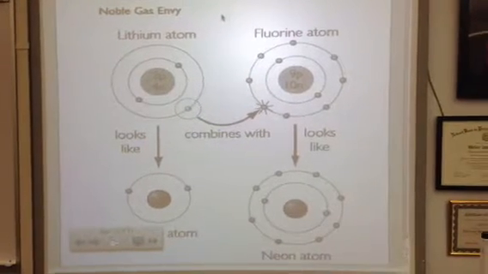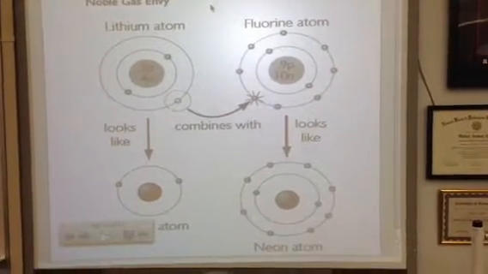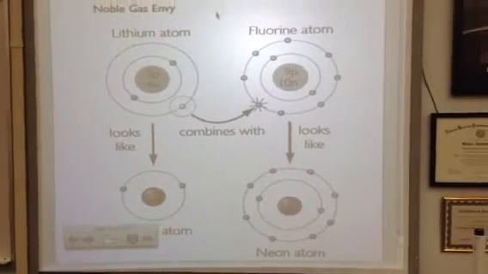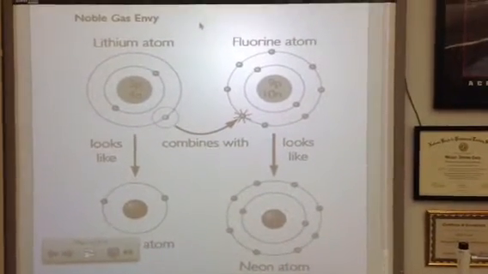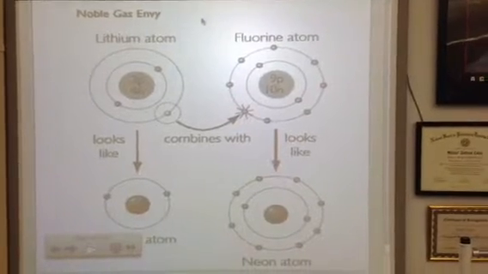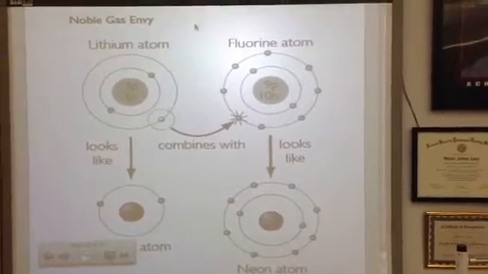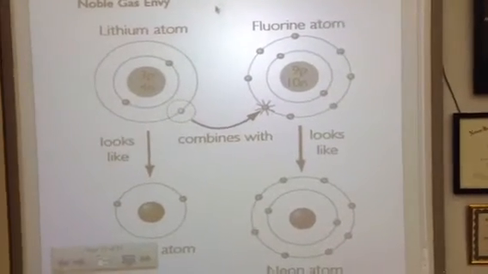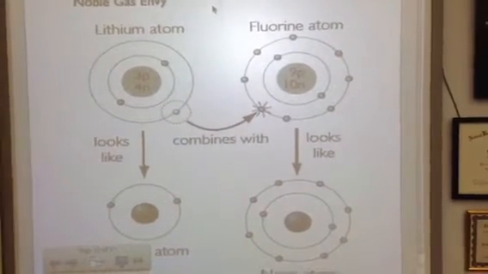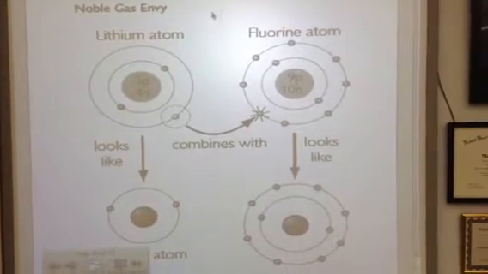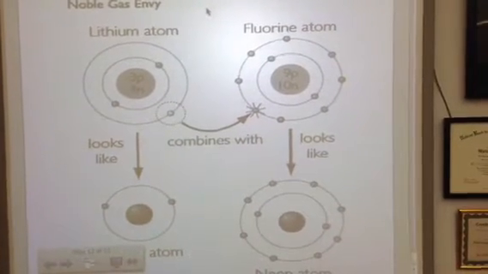To start with, the warm-up was related to this idea of different atoms either gaining or losing electrons to become stable. If you think of lithium and fluorine here, lithium has 3 electrons, fluorine has 9 electrons.